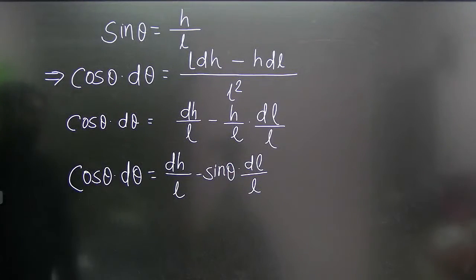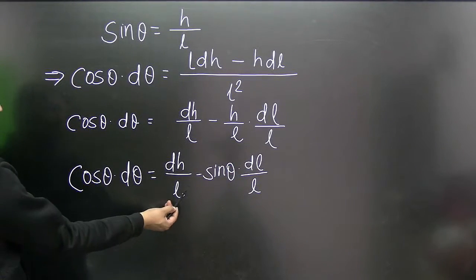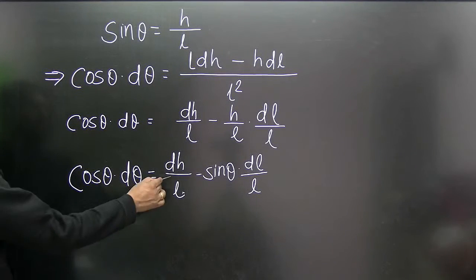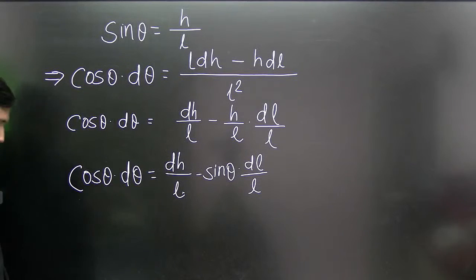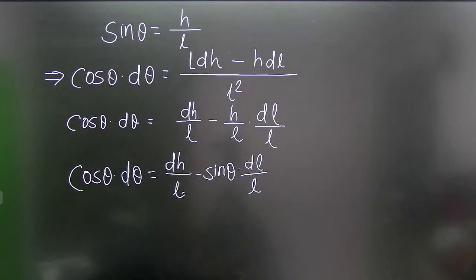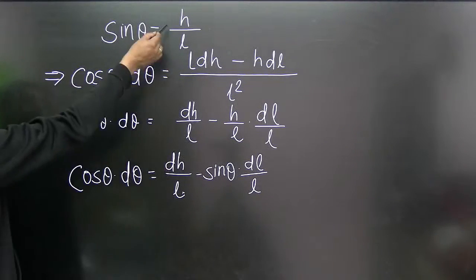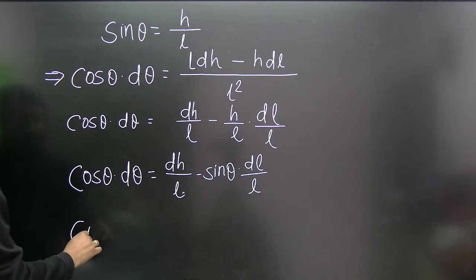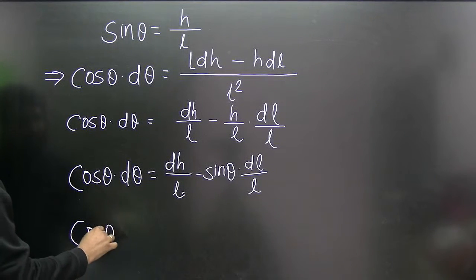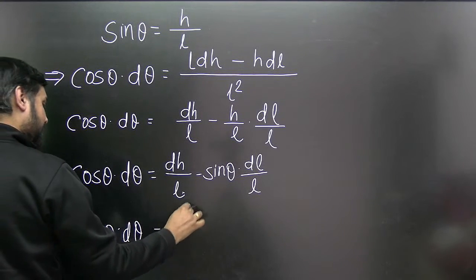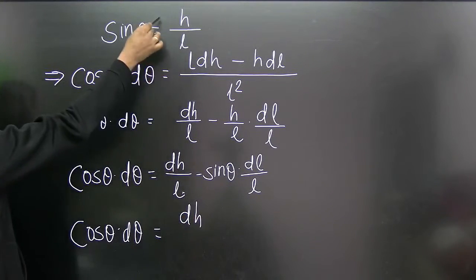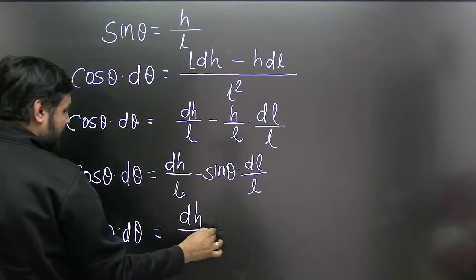Moreover, you see, this L is there, but on the top there is this dH. I want to bring this L in the form of h. That's what I want to do. So you know that sine theta is equal to h upon L, so L will be equal to h upon sine theta. Let's replace L by h upon sine theta.